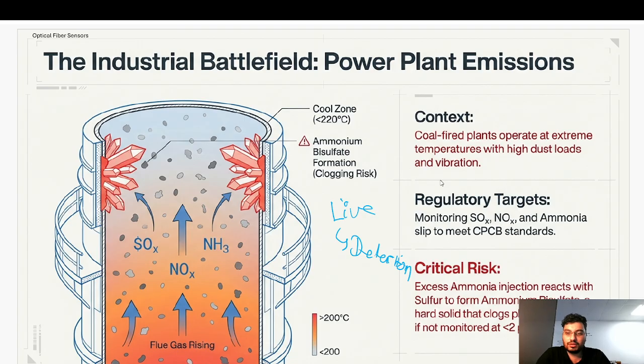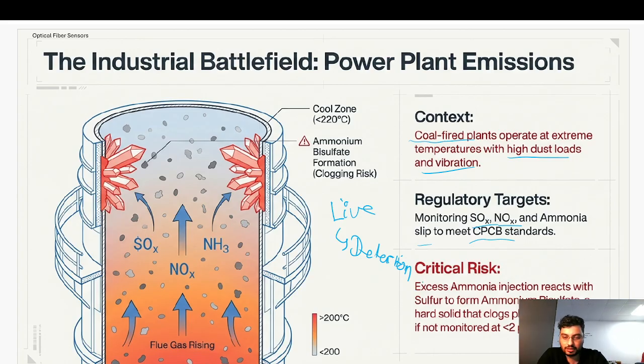So the context is that there will be a coal fire plant operated at extreme temperature with high dust load and vibration. Then there will be a regulatory target, like sulfur dioxide should not exceed the limit, nitrogen monoxide, dioxide, those things, and ammonia. You can see the CB standard, which comes into the picture to monitor this gas concentration or level, which should not exceed.